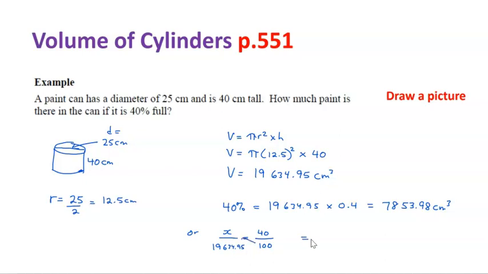So you could cross multiply 100 times x is equal to 40 times the 19,000. And then again, you would isolate x through the division. So you would divide by 100 and divide by 100. And you would get 40% that way. So you have some options when you're calculating percentages in a word problem.